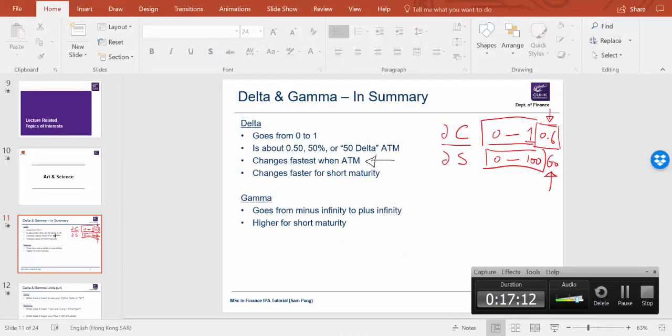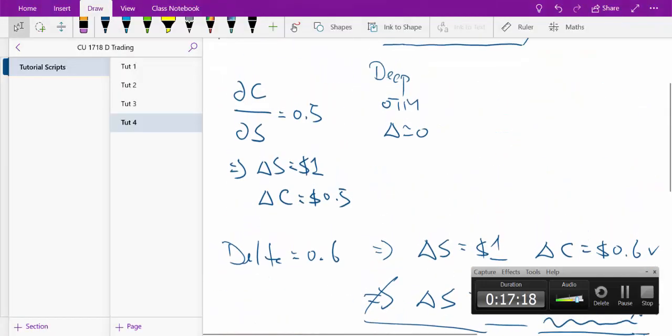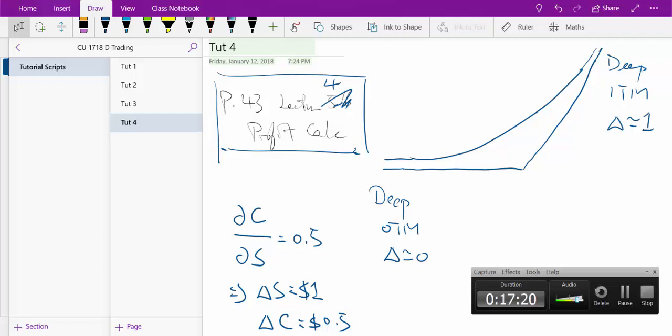All right. So I was saying it changes fastest when it's at the money. So going back to this graph, you can imagine if your strike was 100, then here the delta is close to 0, and here it's close to unity, close to 1.